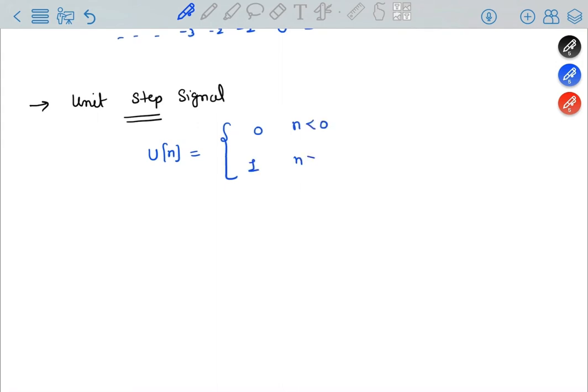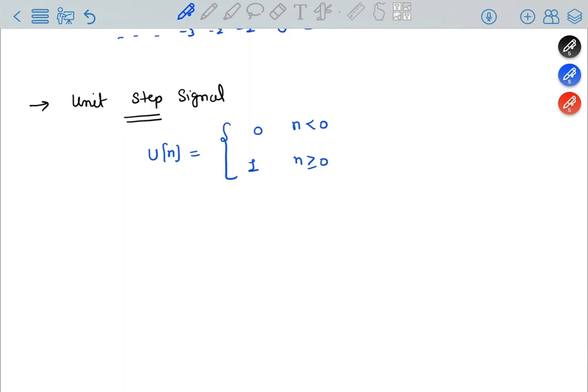Next we will see the definition of the unit step signal. As the name suggests, it has a step, so first we will define it and see how this step looks. We have the definition of the unit step signal as u n, and it has a value of 0 when n is less than 0, and it will take a value of 1 when n is greater than or equal to 0.